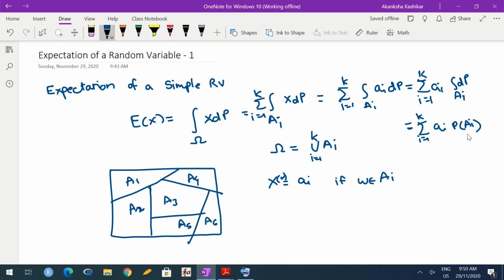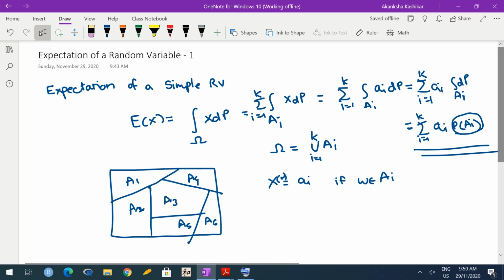Okay. So expectation of a simple random variable is given by this formula. As you can see, it is nothing but the mean of possible values, but not a simple mean. It's a weighted mean with weights taken from the respective probabilities. Okay. So this is how we define expectation of a simple random variable.